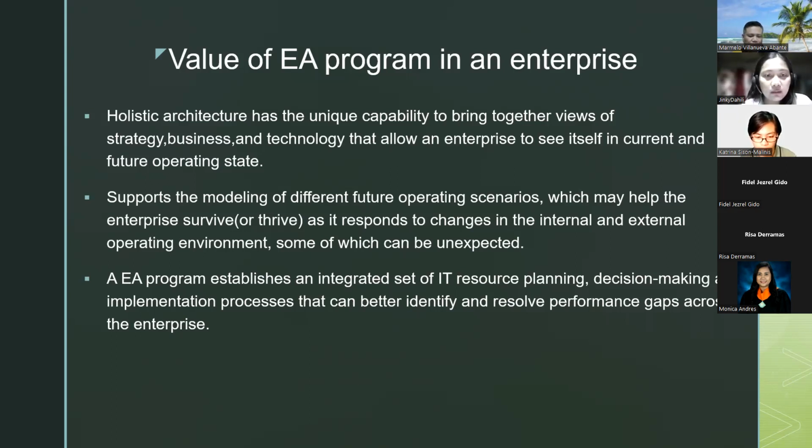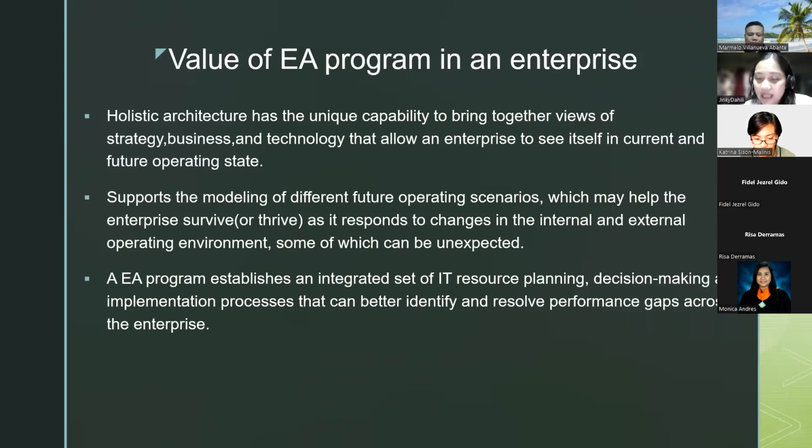It also supports the modeling of different future operating scenarios, which may help the enterprise survive as it responds to changes in the internal and external operating environment, some of which can be unexpected. An EA program establishes an integrated set of IT resource planning, decision-making, and implementation processes that can better identify and resolve performance gaps across the enterprise.